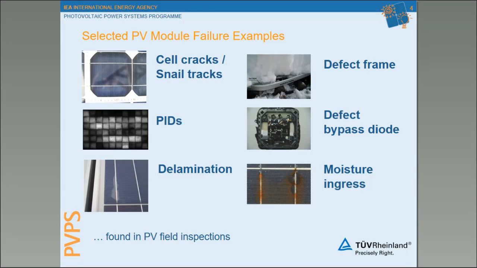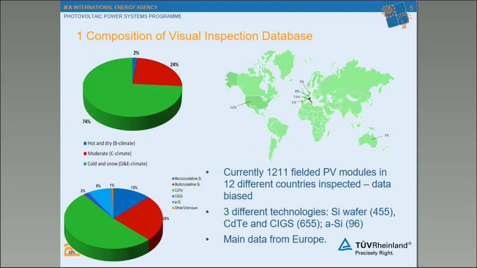As mentioned before, cell cracks and snail tracks are relevant in the field, as well as PID, but also delamination over the cell, defect frames due to snow load, for example, and I will also point out defect bypass diodes or moisture ingress, which can be seen from the front of the module. And with this, I would like to start.